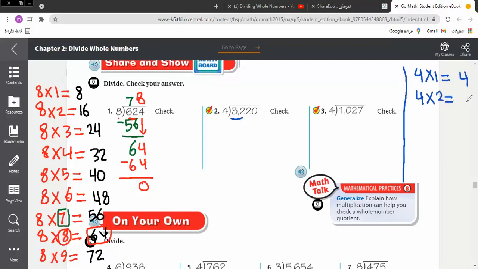If you divide 32 by 4, what will you get? It's like 4 times what number is equal to 32. You need to memorize and revise table 4, all the multiplication table.